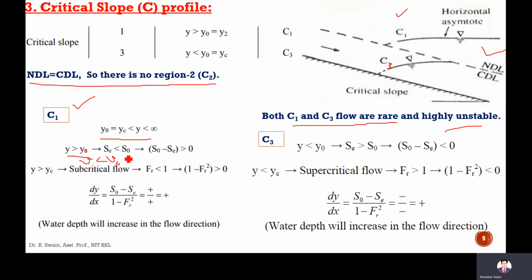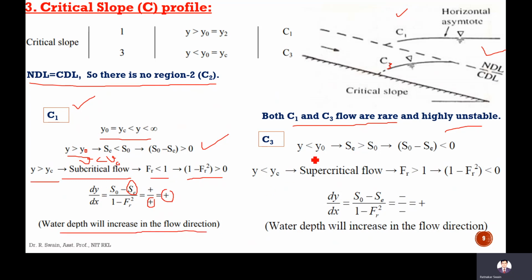If SE is less than S naught, then this numerator will be positive. In the C1 profile we are discussing, Y is more than YC, so it is a subcritical flow. So Froude number is less than 1, 1 minus F square will be more than 0, so this denominator will be positive. Positive divided by positive gives a positive value, so dy/dx is positive, so water depth will increase in the flow direction.